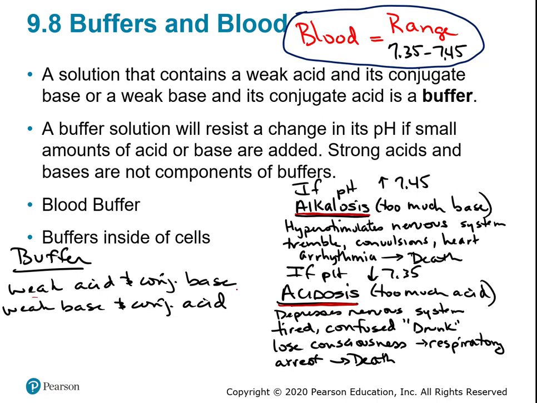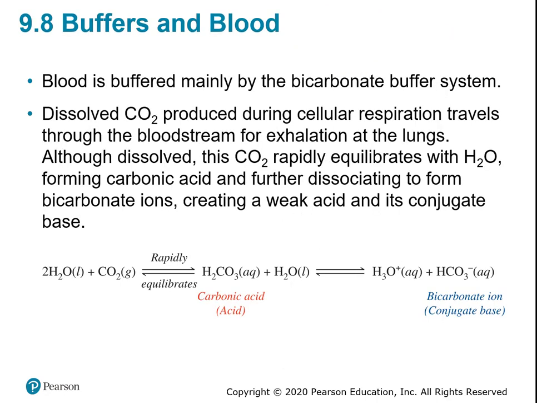What a buffer does is take a strong acid and convert it to a mild acid, and a strong base and convert it to a mild base. So it takes things that have a lot of hydrogen or hydroxide ions and converts them to molecules that have less. Here's one example. This is the buffer that's found in your blood.